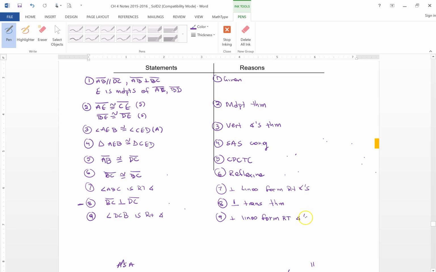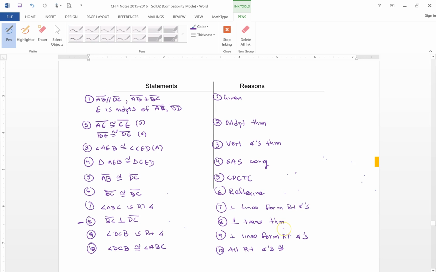But it has to be with the parallel line, as in to say the perpendicular line. Right. So now, what do we know about angle DCB and angle ABC? They're congruent. Why? Because all right angles are congruent, remember?